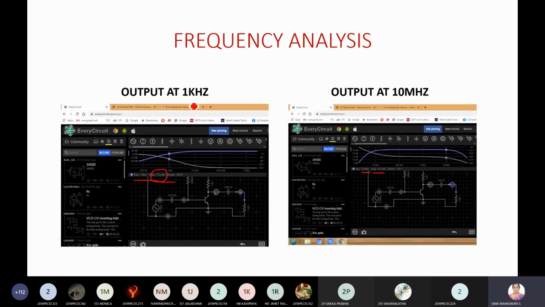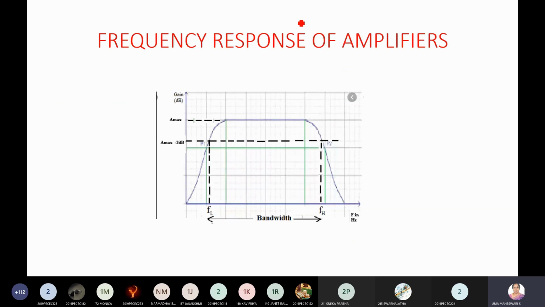As a sample, here I have shown 1 kilohertz and 10 megahertz. So I can change the frequency of the input signal and see how my gain is going to be. Using all these details, you can plot the graph called frequency response of amplifier. As you rightly said, x-axis will be frequency, y-axis will be gain in decibel.